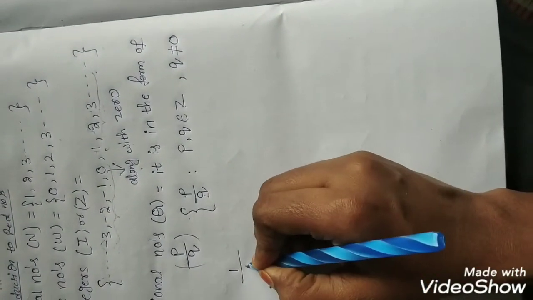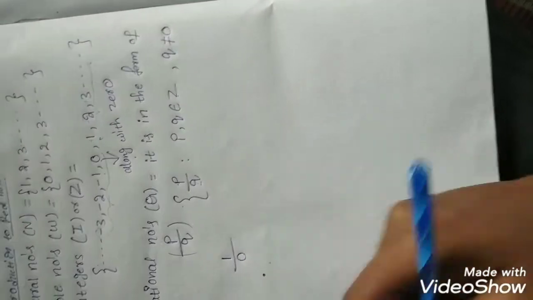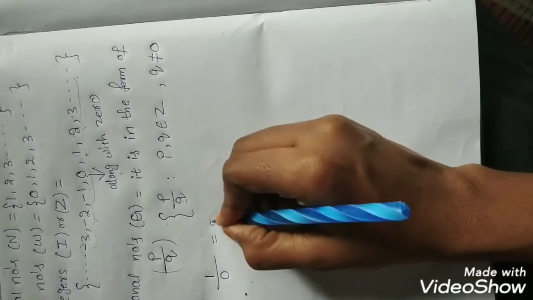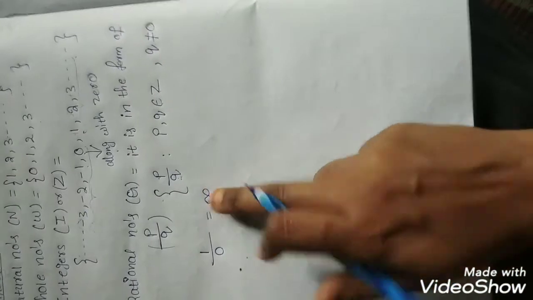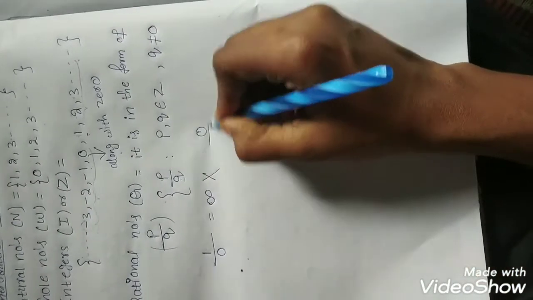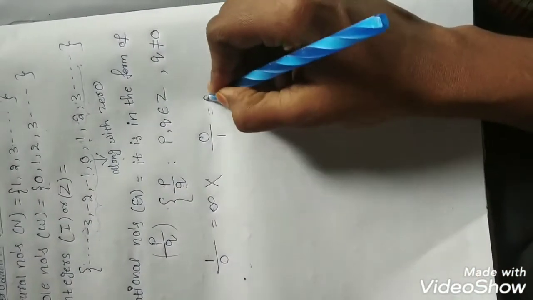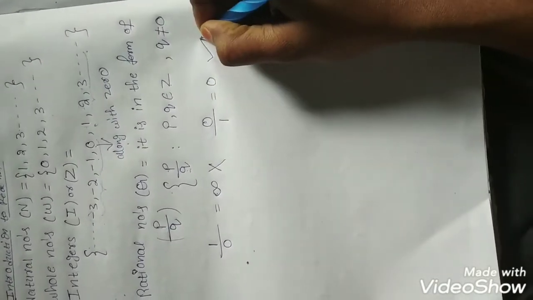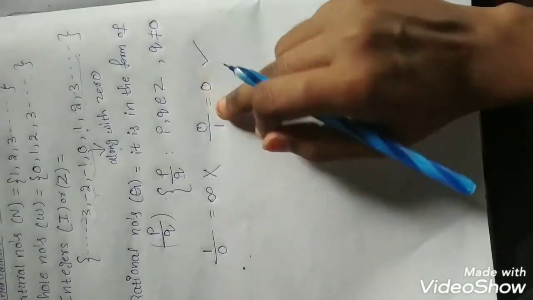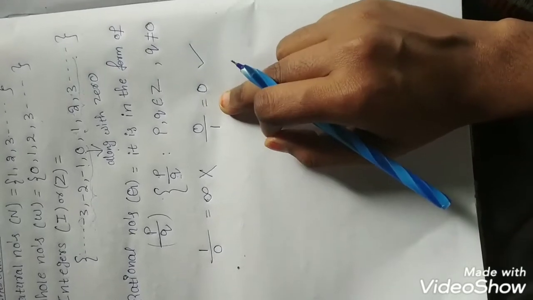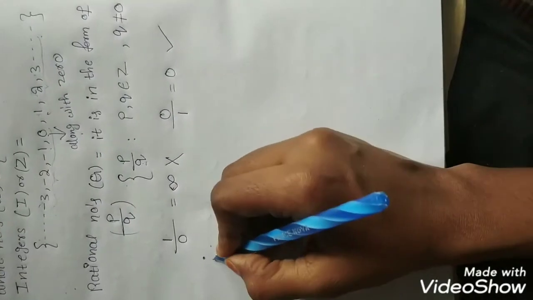Yes, of course 1 is an integer. And if you write the denominator Q as 0, it becomes infinite. This is wrong. 0 by anything is 0, so we can satisfy this. This is a rational number.